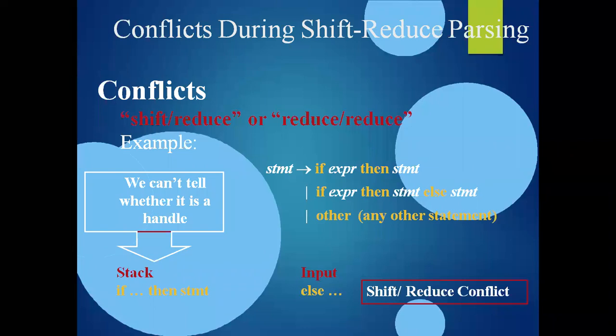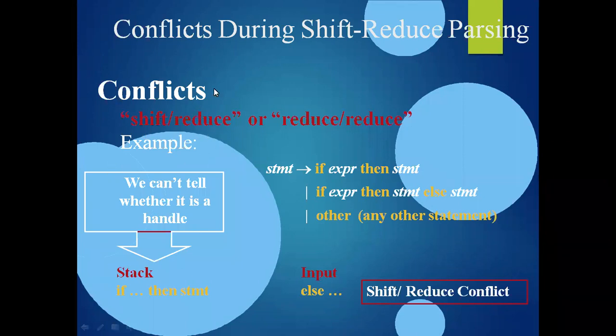What do those conflicts mean? Here we have mainly two conflicts. One is shift reduce and the other one is reduce reduce. The shift reduce conflict occurs in a state that requests both a shift action and a reduce action.